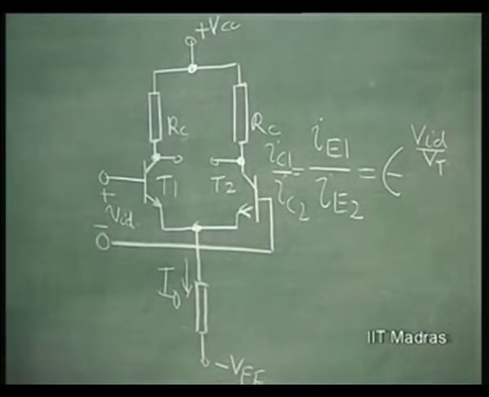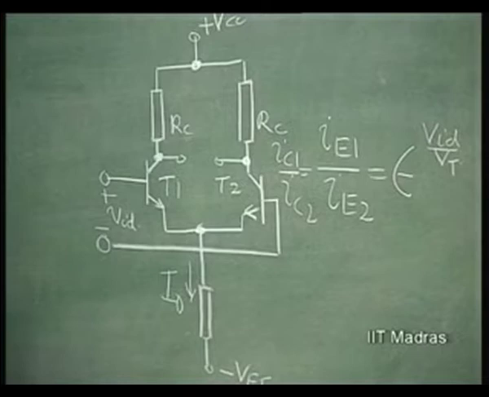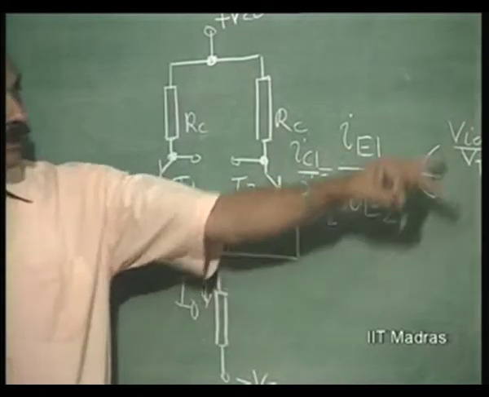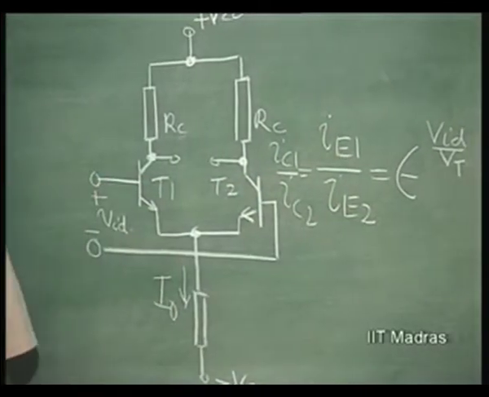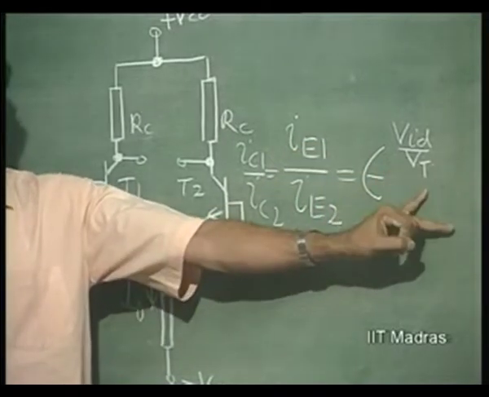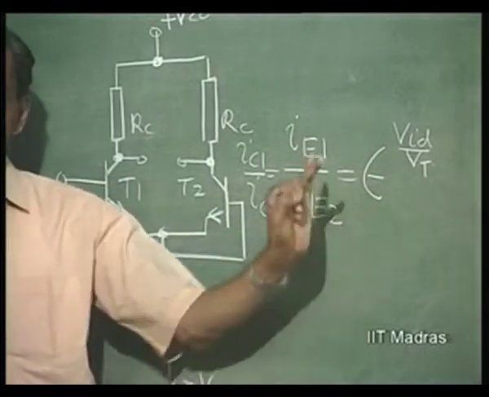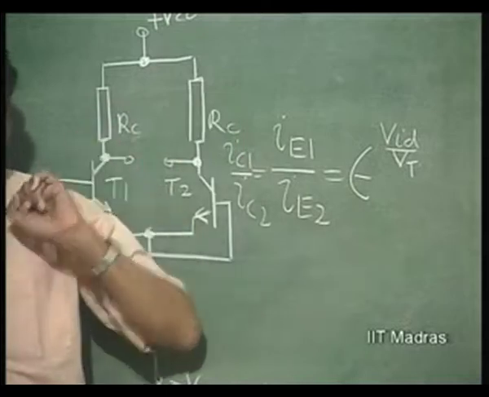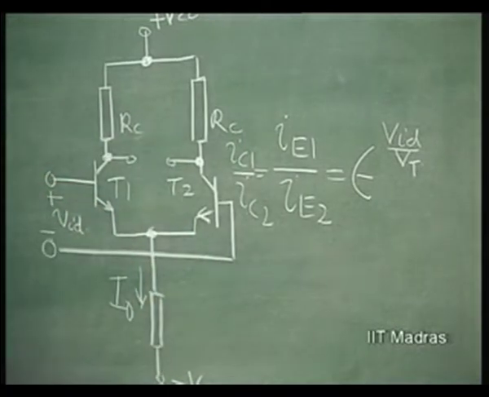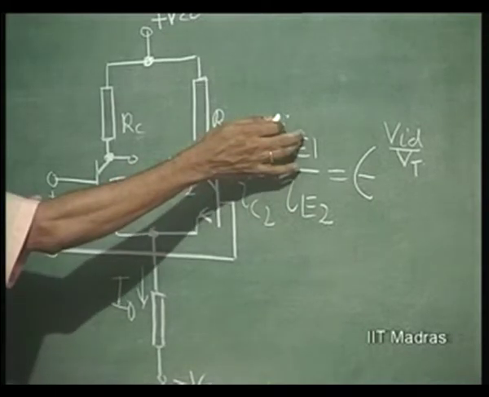Now, let us apply VID. The current ratio is going to vary according to this. If VID is 0, this will be 1, and IE1 is equal to IE2 equal to I naught by 2. Now, by applying VID, I can make the current IE1 much greater than IE2.